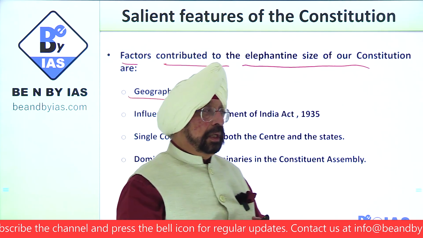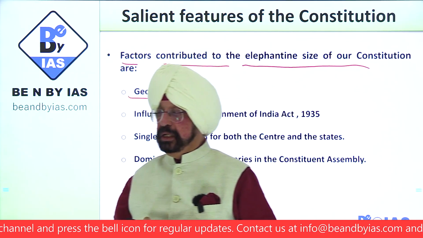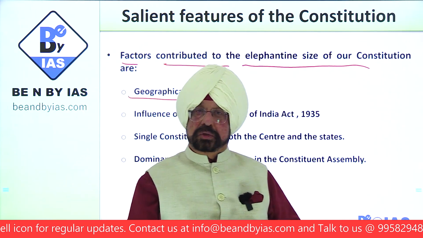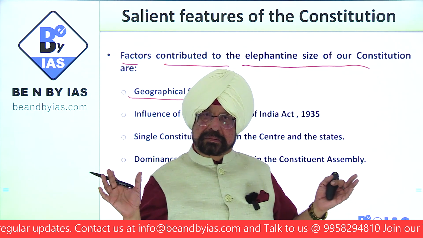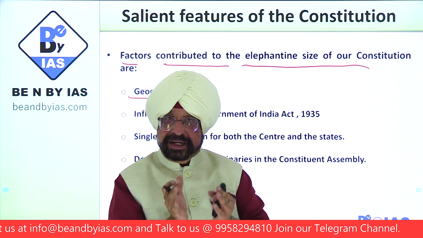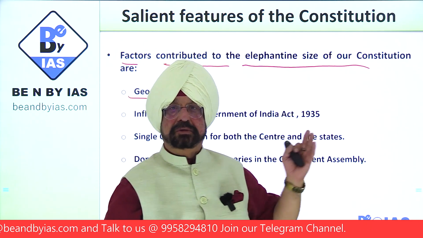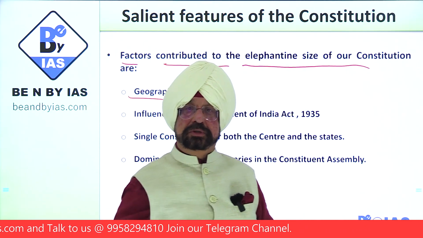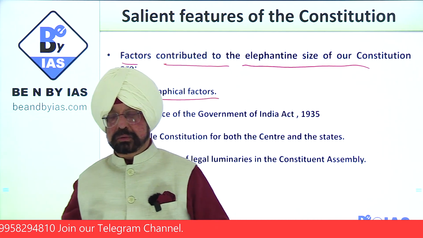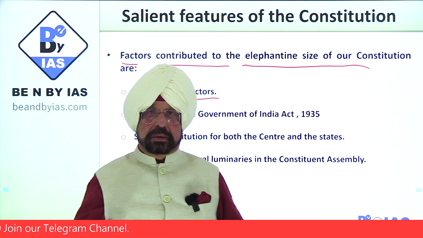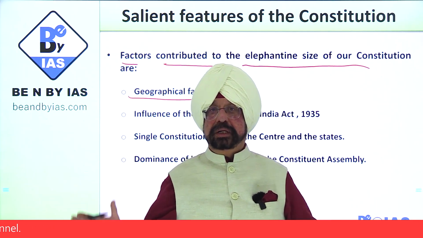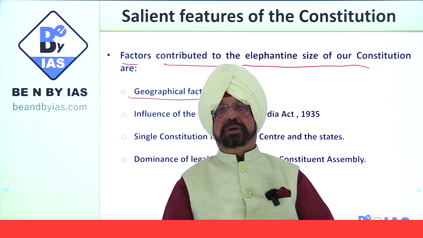Linguistic diversity is there, cultural diversity is there, racial diversity is there. But what brings us together as Indians is the Constitution. So our Constitution had to take into consideration all those factors which are there because of the huge territorial size, the geographical size of the country.